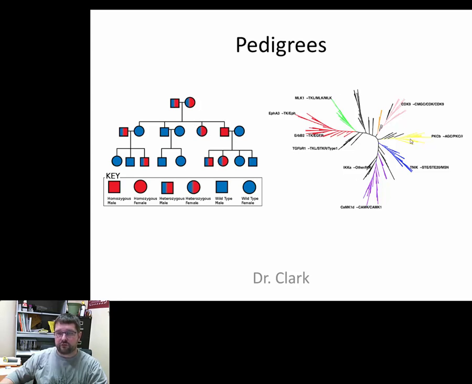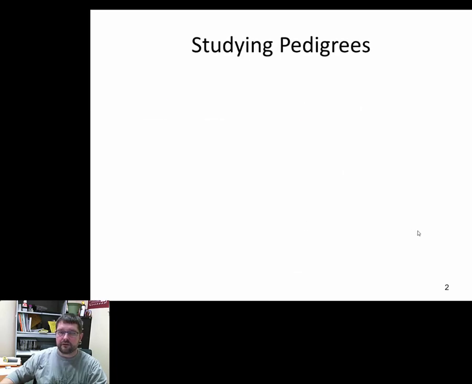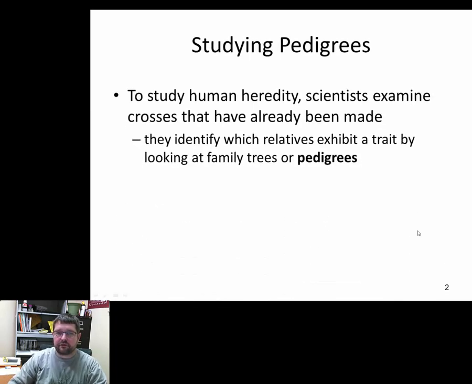These are based on genotypes. Okay? And there's a difference between the two, because a lot of genotypes can be hidden inside the phenotype. We'll get to that. All right, so let's look at pedigrees at first.